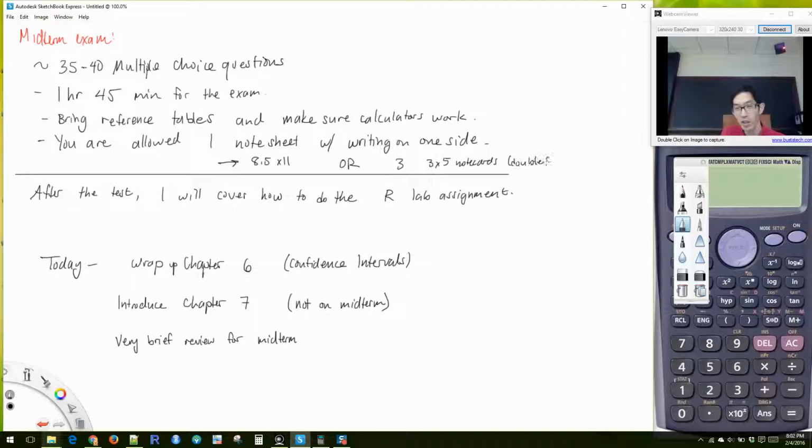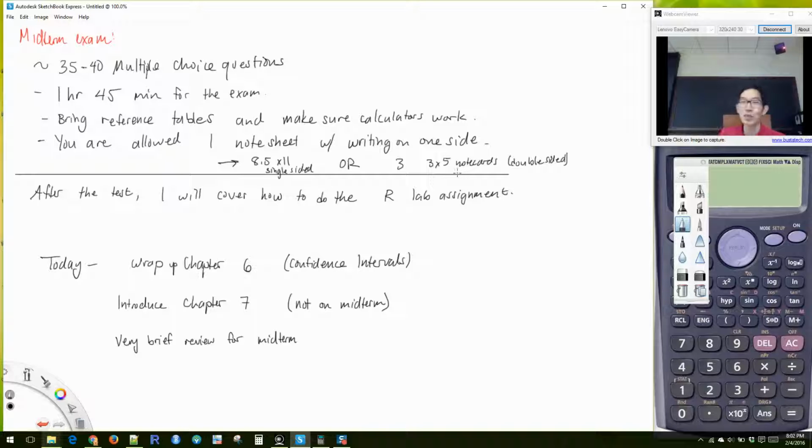Okay. The 8.5 by 11 is single-sided. I think most students opt for this, but every now and then a student will say, "Can I use note cards instead?" And so the answer is yes, 3 by 5s.